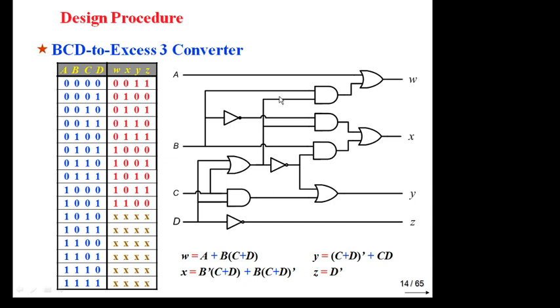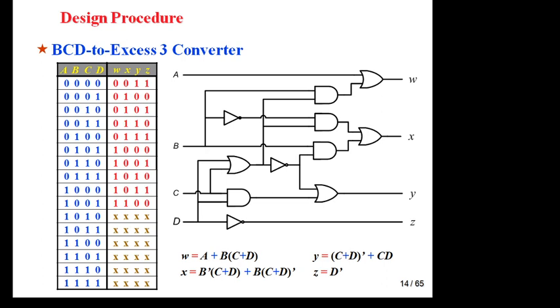Once again I am repeating what you have to do. First you have to determine the number of inputs and the number of outputs. Then with the help of the given problem you have to draw the truth table. Now step number 3, with the help of K-map or Boolean algebra you have to minimize all the outputs.